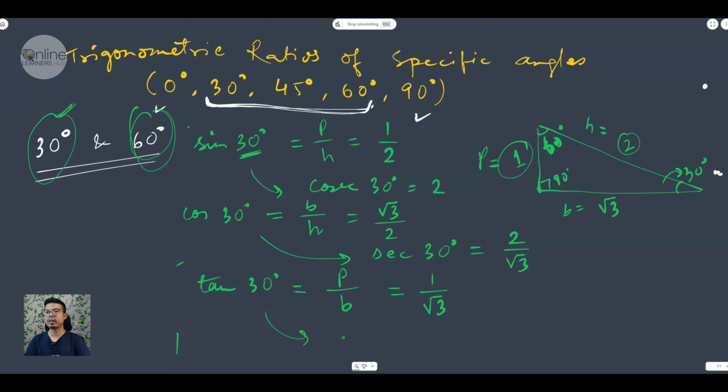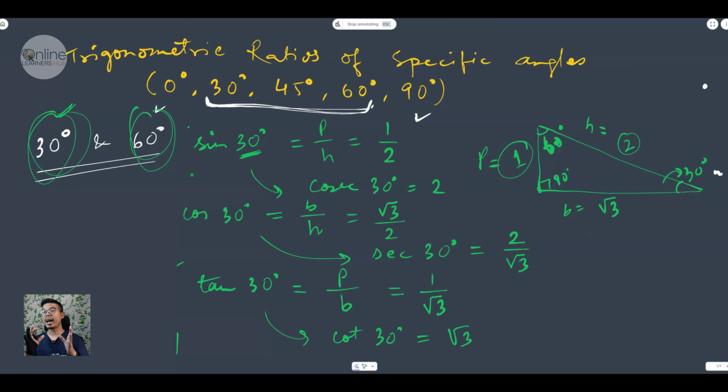Now what about cot 30? Just the reciprocal of 1 by root 3, which will be just root 3. Okay, so that's all. Now you have learned 30 degree and 60 degree.